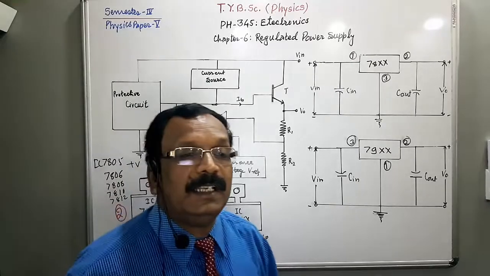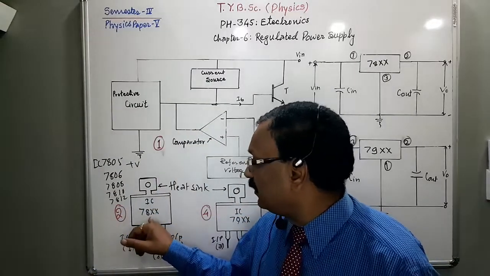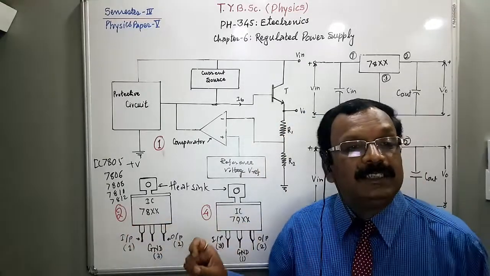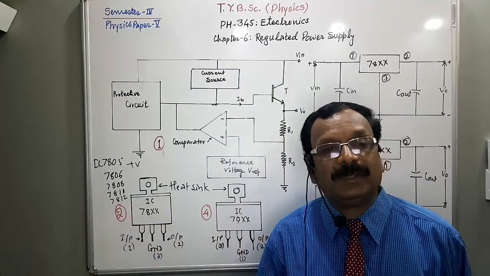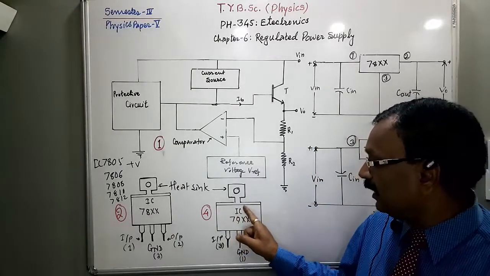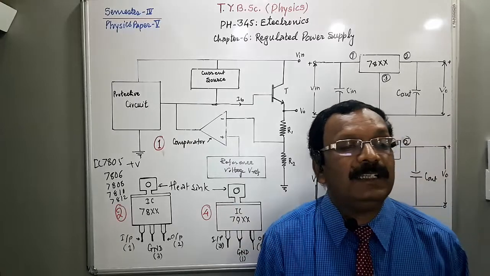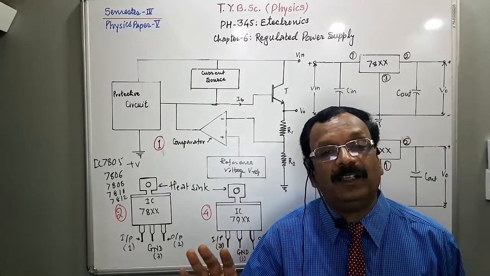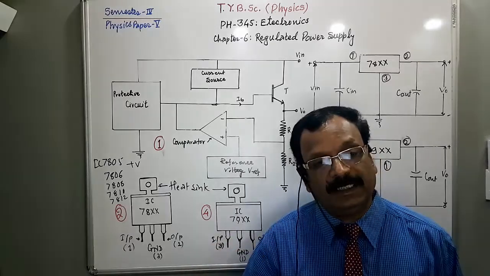Like the 78 series IC, the 79, that is the negative voltage regulator, also has special features. Which are these special features? See here, the first special feature of this 79 series is that it does not require any external component for the voltage regulator circuit.